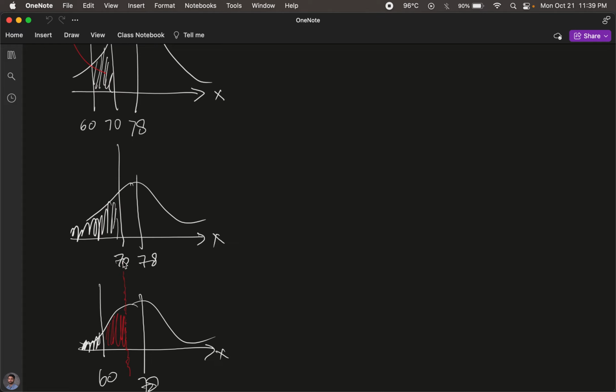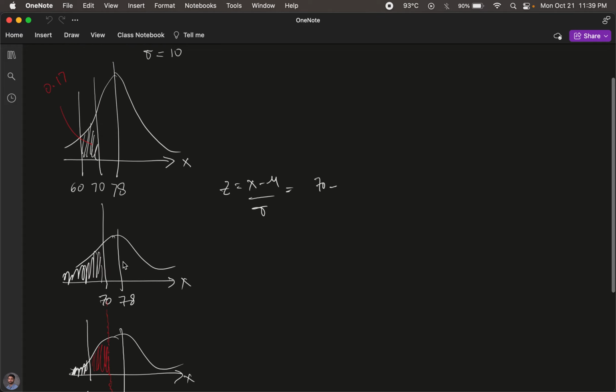I can always obtain my z-value corresponding to 70: z equals x minus mu over sigma, and that gives me 70 minus 78 over 10, with a standard deviation of 10 and a mean of 78. So this turns out to be minus 8 over 10, which is minus 0.8.